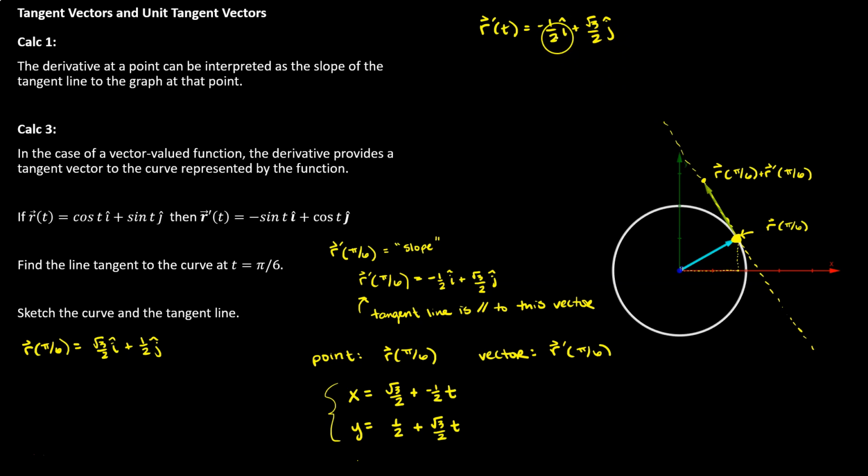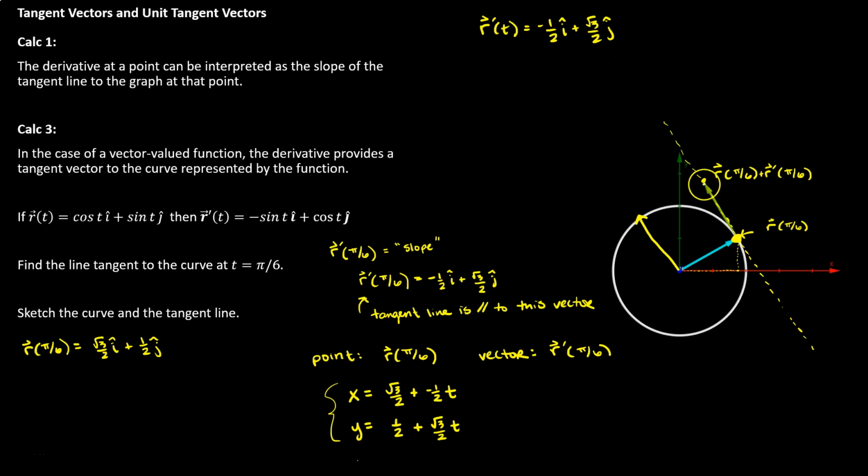That vector, if we plotted it as a position vector, would actually look like this. But if I want it to look like it's tangent to my curve, I need to plot that vector where it starts at my point on the curve, r at pi/6, and then from that value I add this slope.